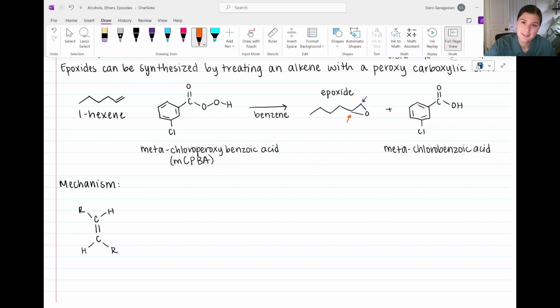And the CH2 group as part of the ring and the oxygen as part of the ring. So this is a chiral carbon. That is a stereocenter, and when we form epoxides, both stereocenters form, so both enantiomers form.